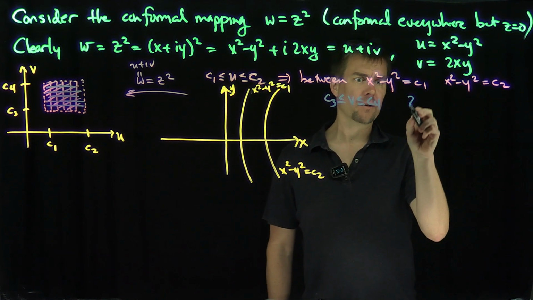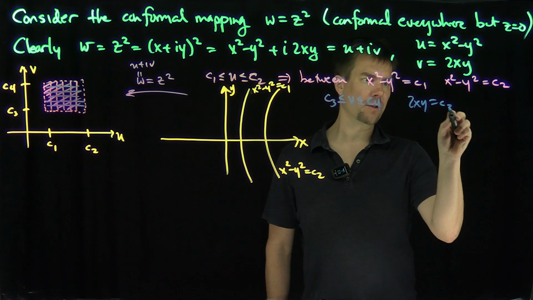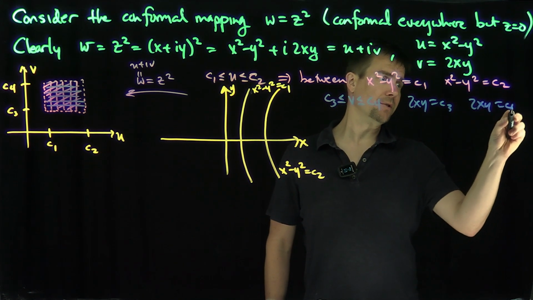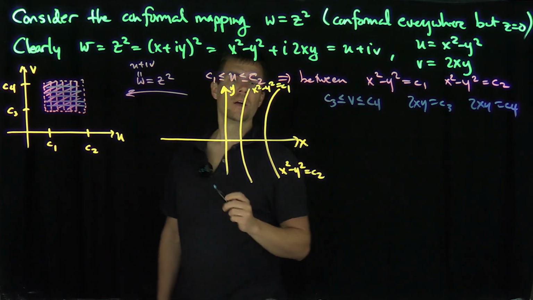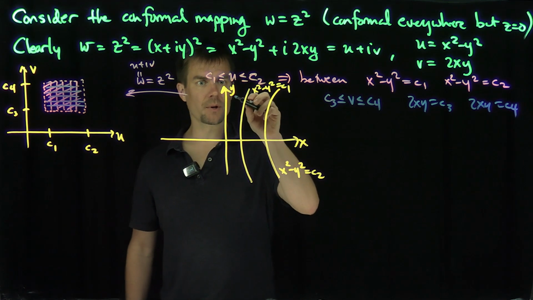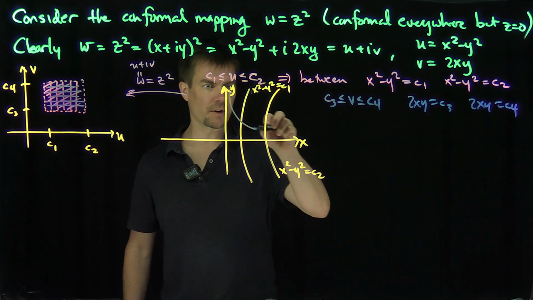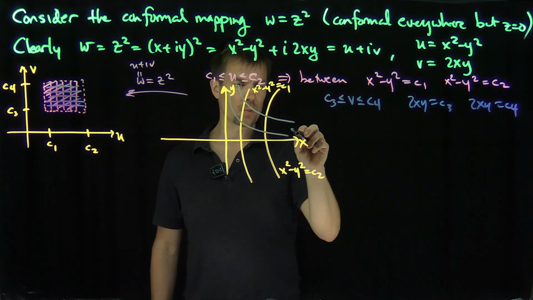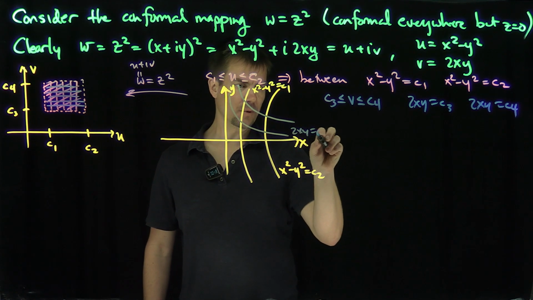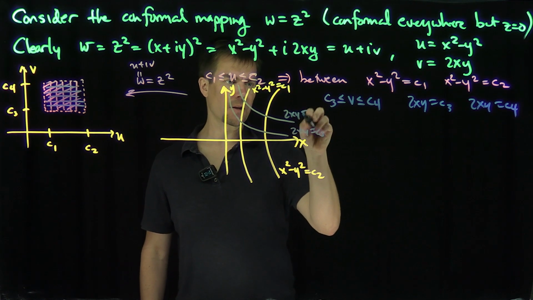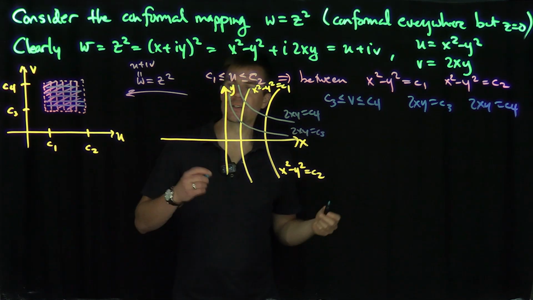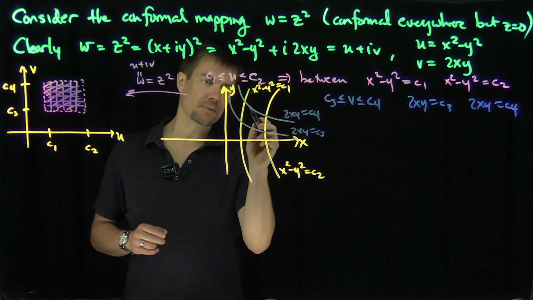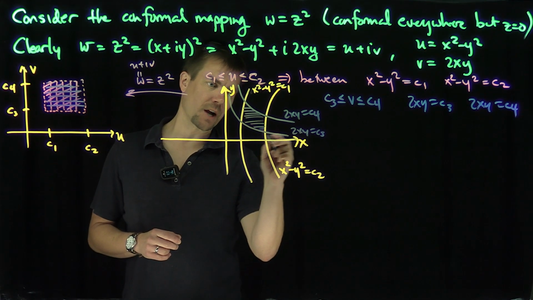We have 2xy equals c3 and 2xy equals c4. And what do those look like? Those are also hyperbolas, but they bend in the first quadrant like that. That is 2xy equals c3, and this is 2xy equals c4. And of course we know that the interiors get mapped to themselves. We get this region between these hyperbolas.